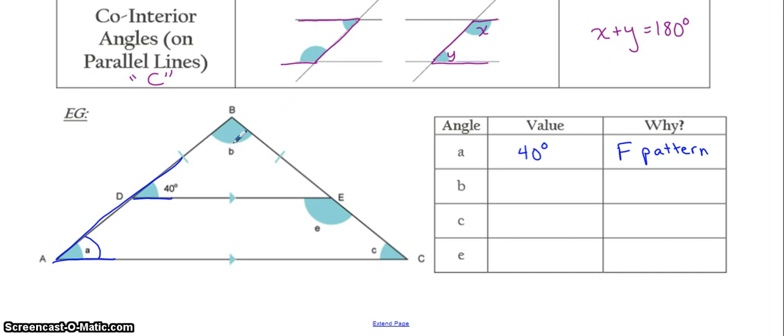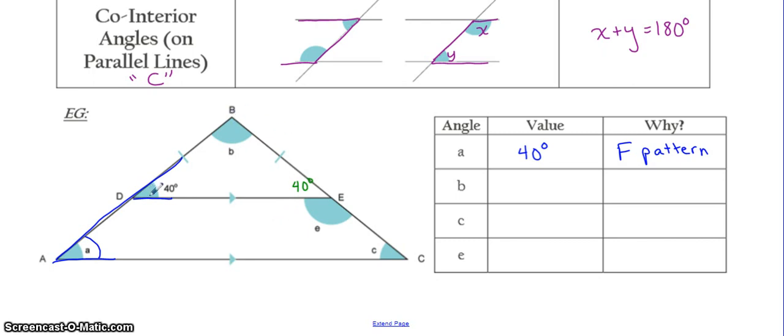For B, one thing that you have to remember is that if this tick and this tick both are there, they have the same number of ticks, it means that those two sides are equal in length, which makes DEB an isosceles triangle. That would mean this angle here is 40 and this angle here is also 40.